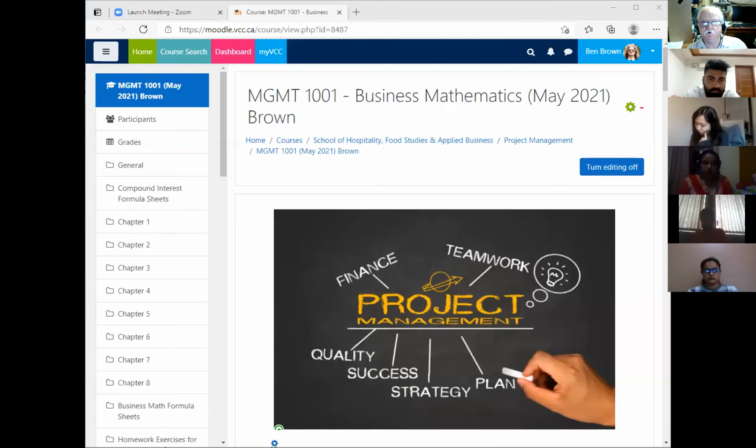So now I'm hoping you're looking at the project management screen. Is that right? Yes. And if I scroll down, does it scroll down? No, it stopped scrolling down. Okay, I wonder why.